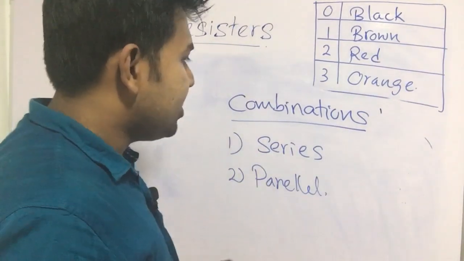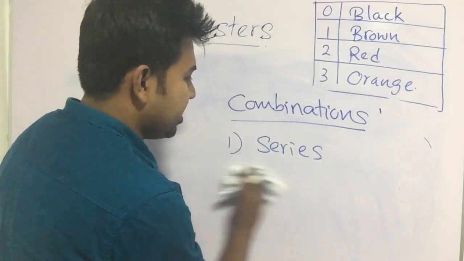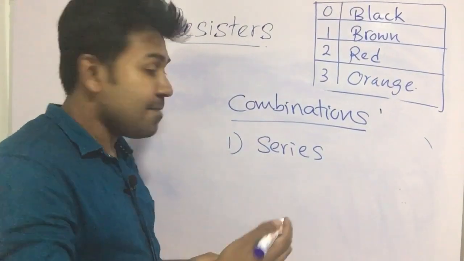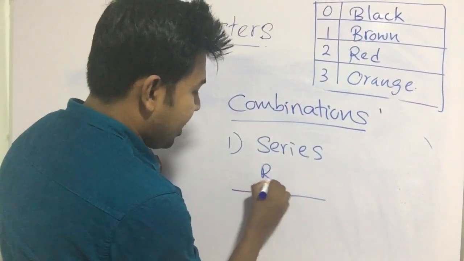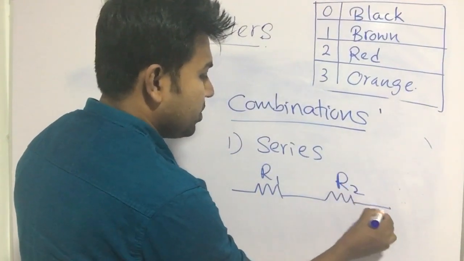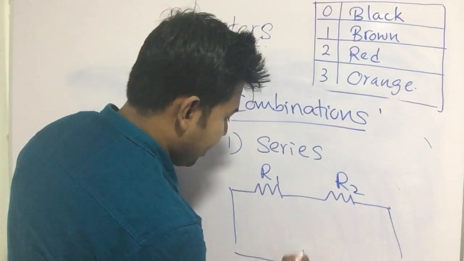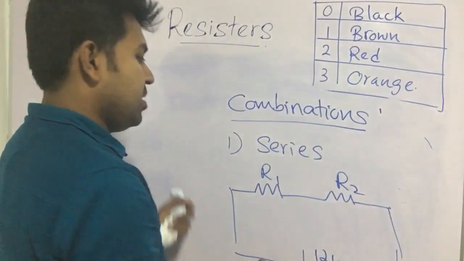So first we will see the series combination and how to do the question easily. If resistance one is like this, the other one is like this, R2, and if the circuit is like this, you think this is 12 volt.